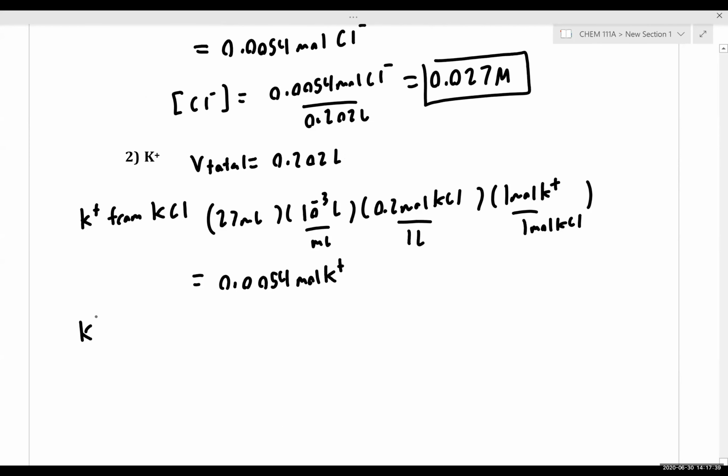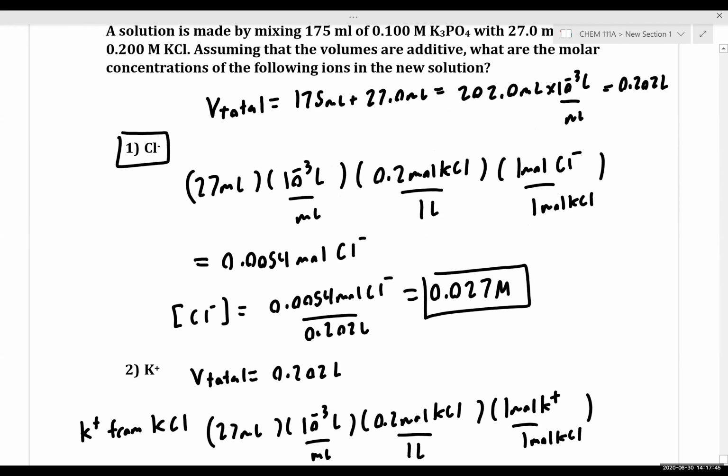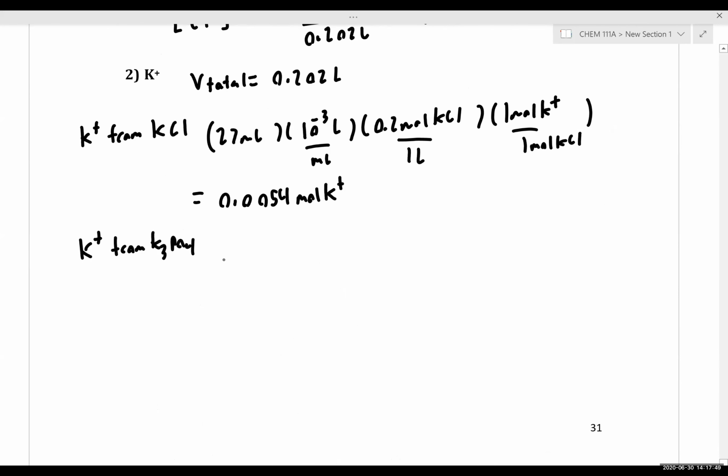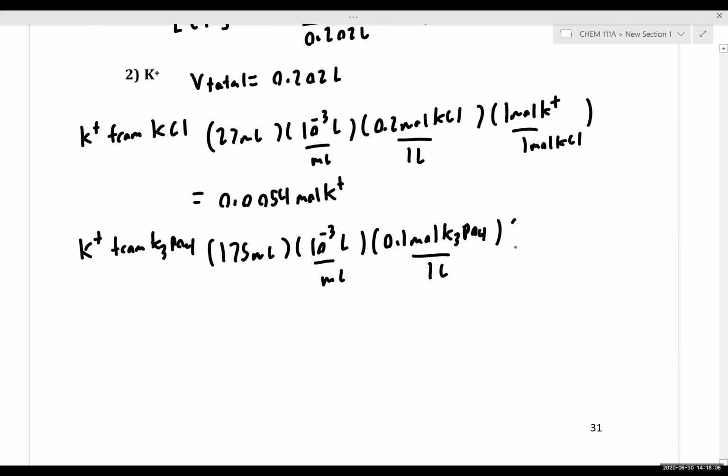Now let's look at the potassium from potassium phosphate. So going up and reading the problem, we have 175 milliliters. And we have 10 to the negative third liter per mil. Do not forget to convert to liters. And we have 0.1 moles of potassium phosphate per liter.